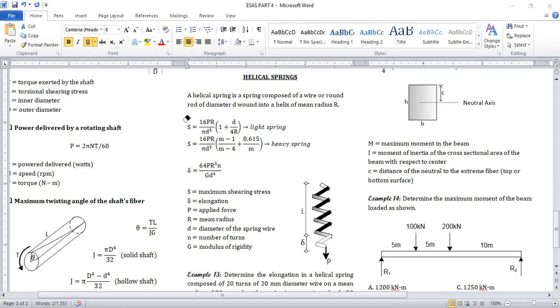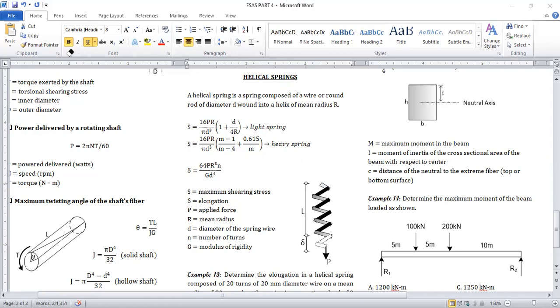The difference between the light spring and the heavy spring formula results may be big. If that's the case, and particularly if you can't find the answer from the multiple choices, then it is best to use the heavy spring formula.